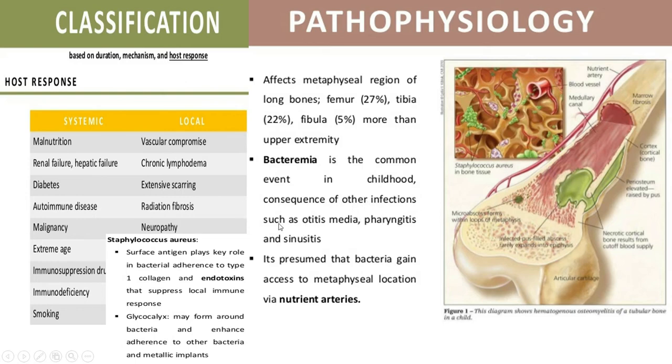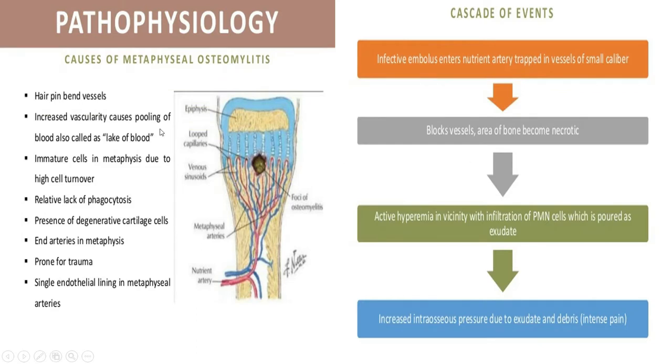of other infections such as otitis media, pharyngitis, and sinusitis. It is presumed that the bacteria gain access to the metaphyseal location via the nutrient artery. Now what happens?